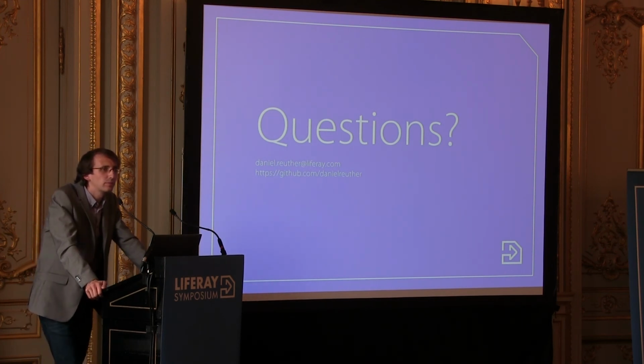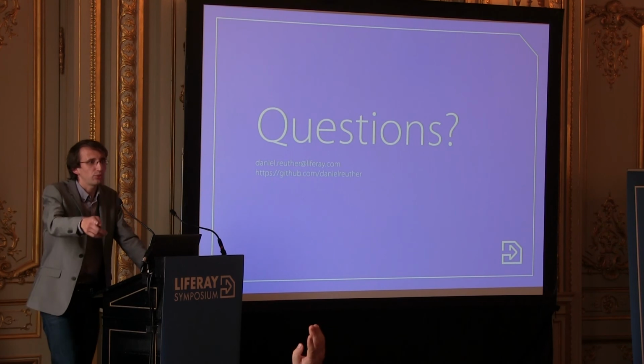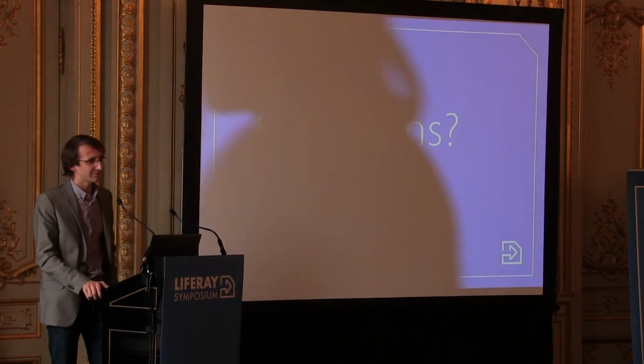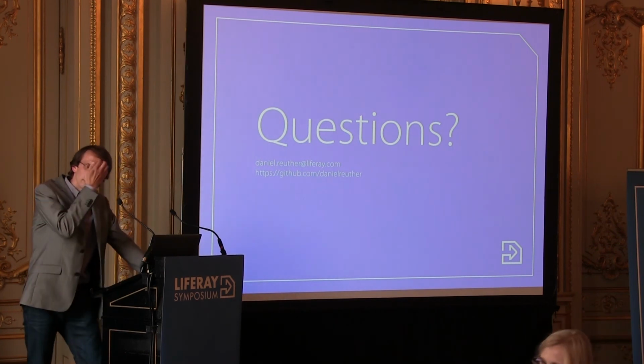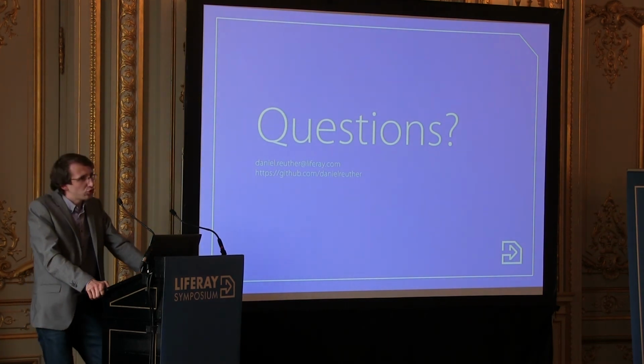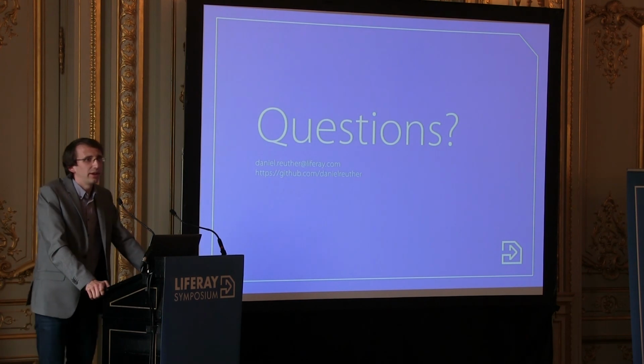Another question? There's one here at the front. Will JSON WS APIs be maintained, deprecated, or erased in 7.1? They will certainly not be erased.